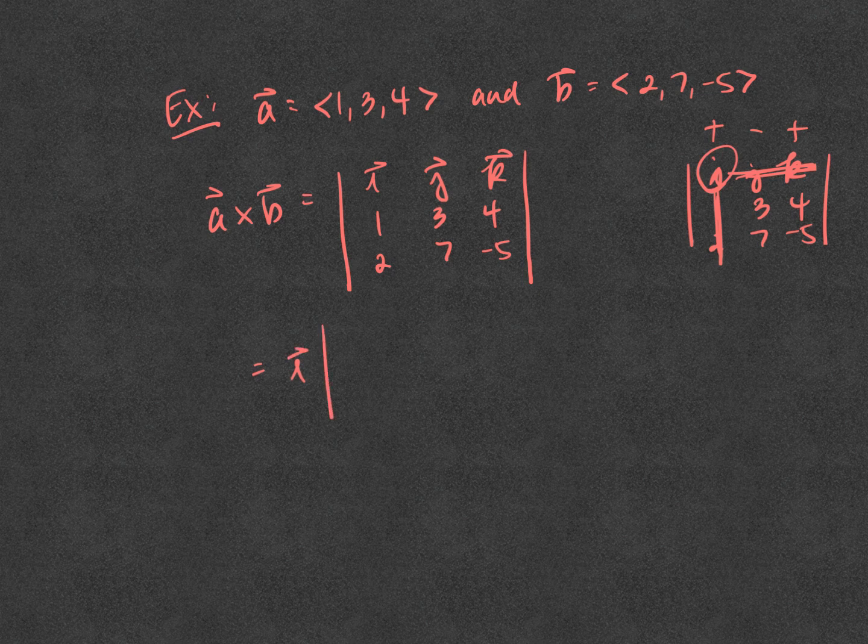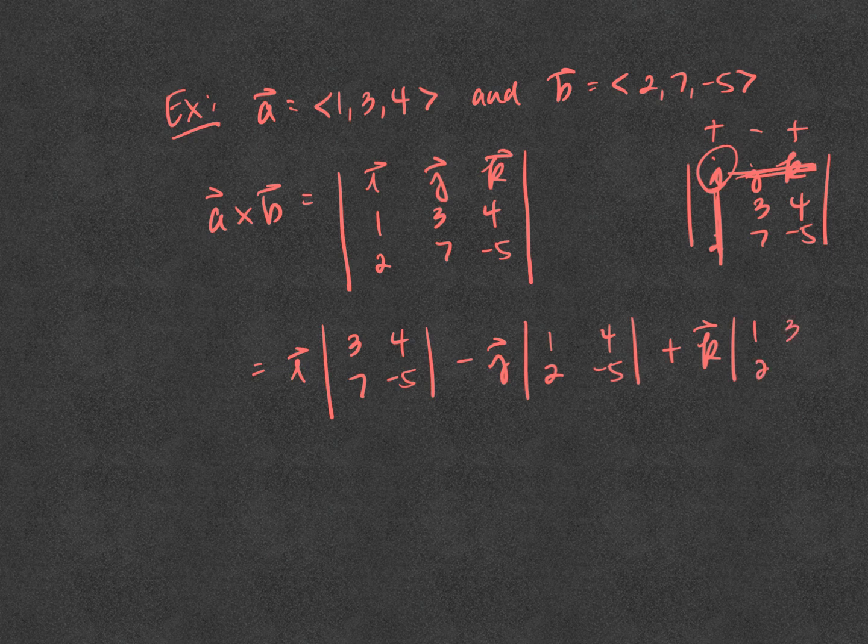And when we cross off that top row in the first column, we have 3, 4, 7, negative 5, minus J. We cross off the top row again, and we have 1, 2, 4, negative 5, plus K. We cross off that top row again in the last column, and we have 1, 3, 2, 7.